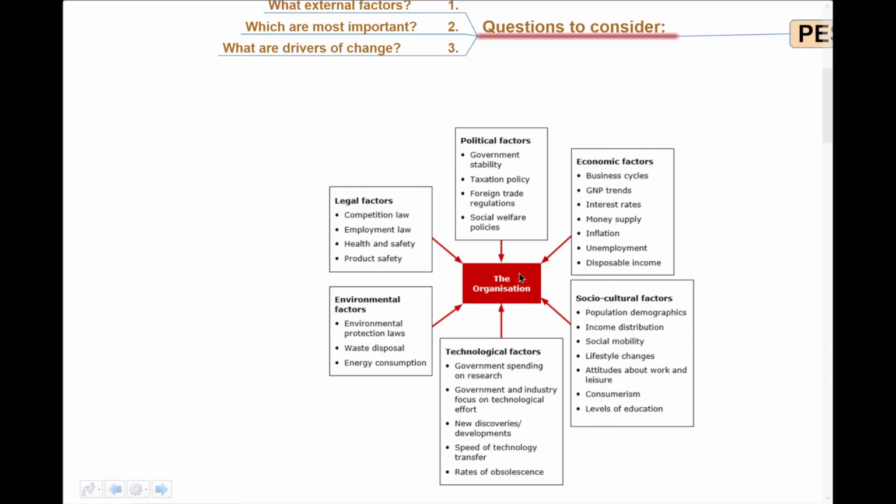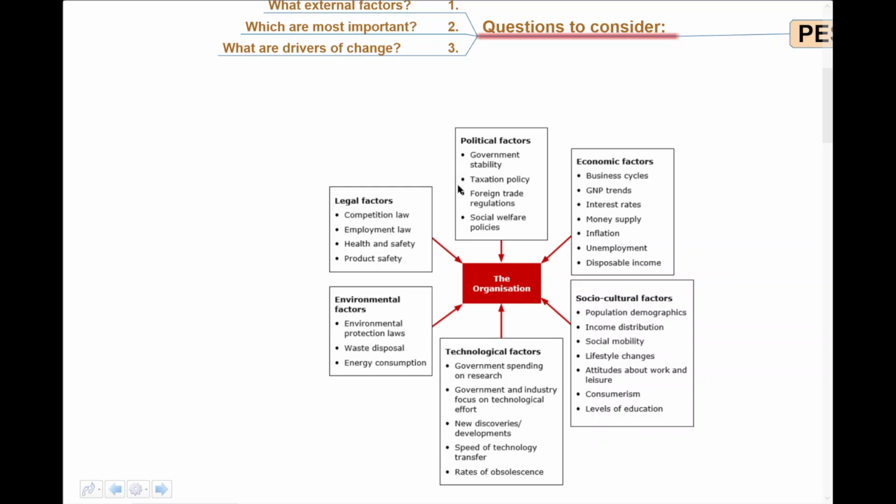Well, as you'll see here, let's take a look at, let's say, political, just as an example. So we're running a business. We've decided to do an environmental analysis. Clearly, PEST or PESTEL is going to be one of our go-to tools. We're doing some research into the environment as to how these areas may affect us.